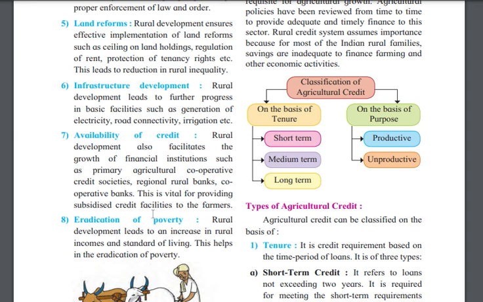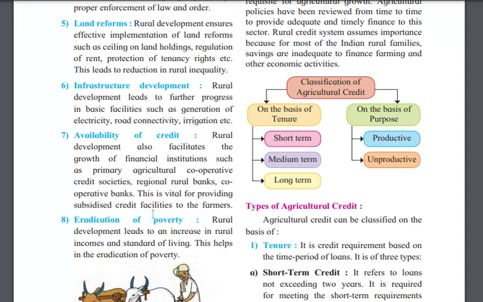Infrastructure is what? Infrastructure means buildings and all, right? House development. So rural development leads to further progress in basic facilities such as generation of electricity. Infrastructure, how the village is going to be developed: electricity should be there, water, road connectivity, irrigation, everything should be developed. Okay, so these things are important.